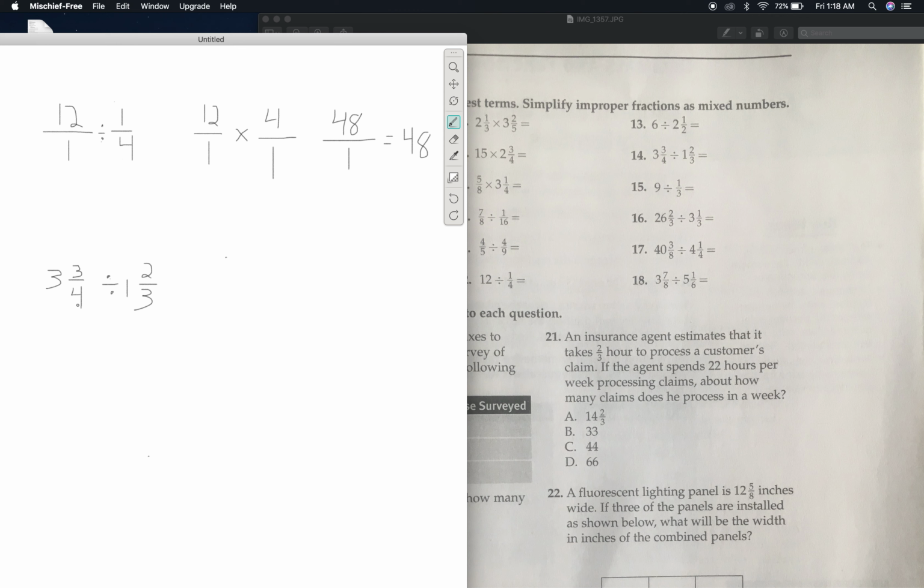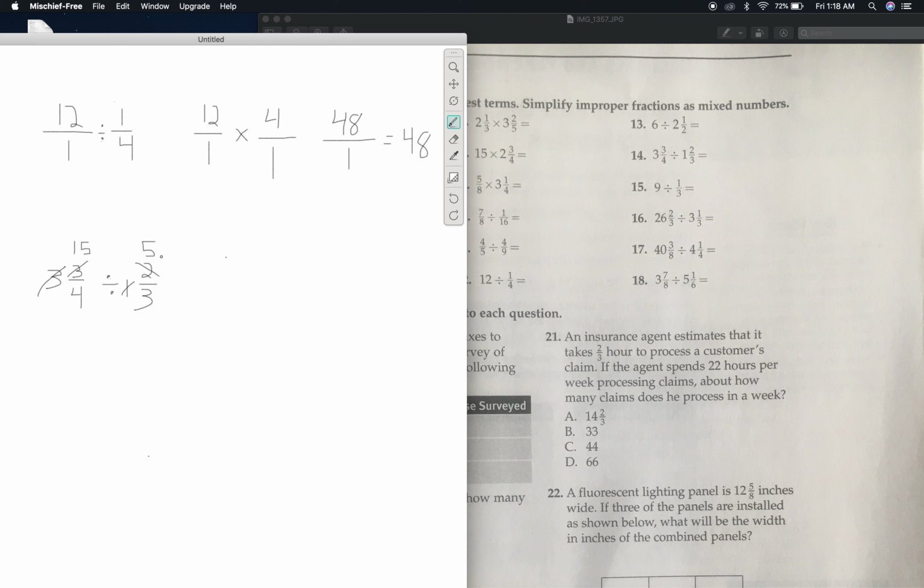So 3 times 4 is 12, plus another 3 is 15. So I'm going to put 15 here and cross out the 3 since it's no longer that. Same here, 3 times 1 is 3, plus the 2 is 5. Cross out this, make it a 5, and cross out the 1.